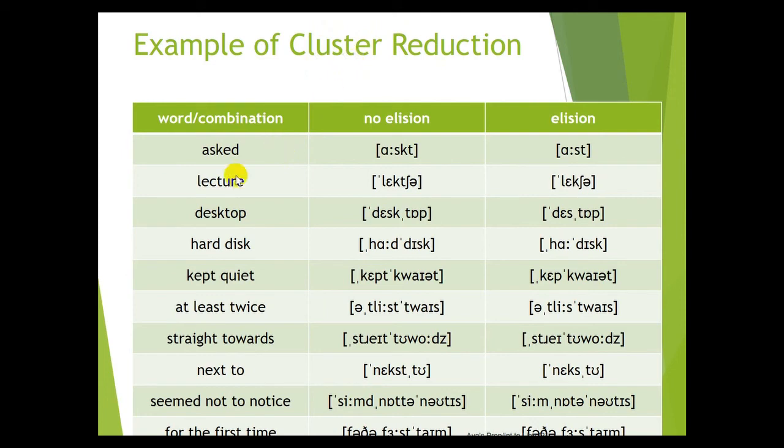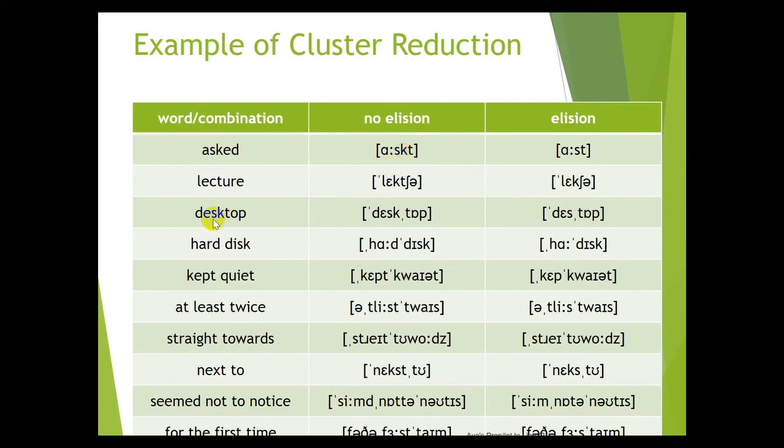So for example here, 'asked'. It's supposed to be pronounced like this, with no elision, the complete one. But when we talk to people in everyday conversation, we tend to forget the k here. So we drop the k, and it becomes 'ast'.